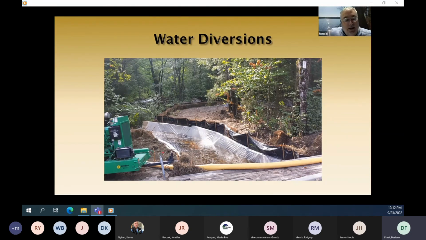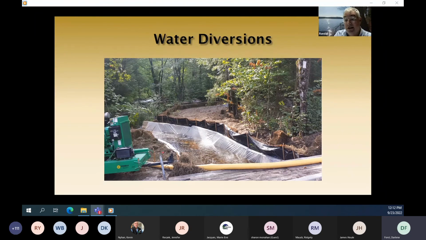Real quickly, one of the things we've been dealing with, and I think last week there was some discussion on water diversions and pumping. You want to make sure they're properly planned for your project. Generally, when we've worked on stream crossing projects, we're not only doing water diversion, but dewatering within the construction site.